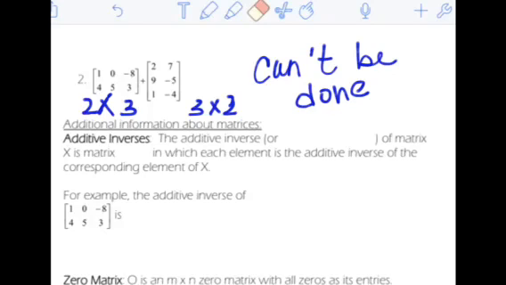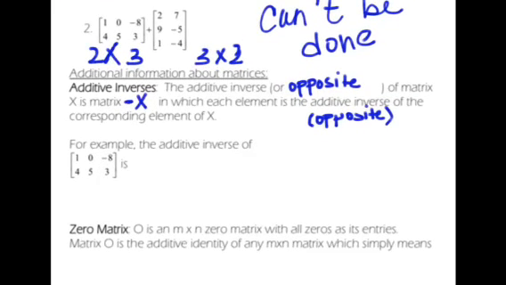So a little bit more information about matrices before we start talking about subtracting matrices. We first should define an additive inverse. The additive inverse of a matrix, or its opposite, of matrix X is matrix negative X, in which each element is the additive inverse, and again, additive inverse means opposite, of the corresponding elements of X. So for example, the matrix 1, 0, negative 8, 4, 5, 3 has an additive inverse where each entry's opposite is put in.